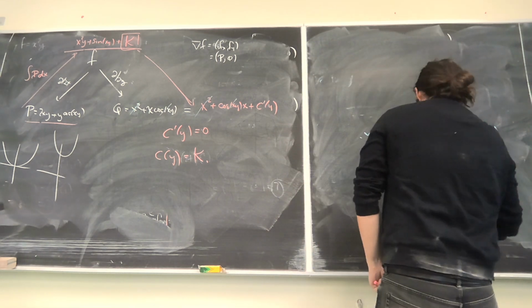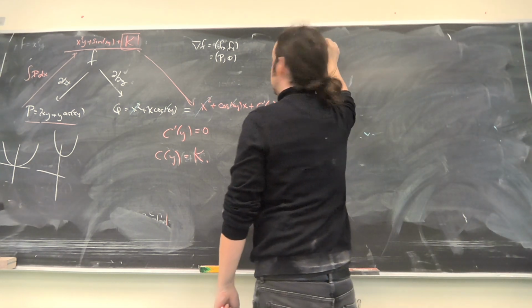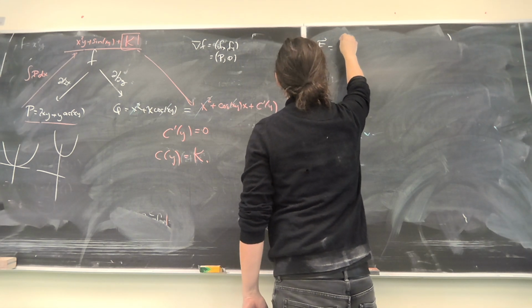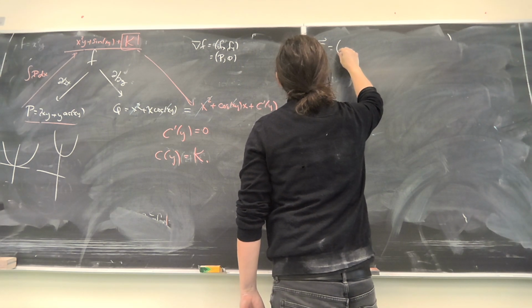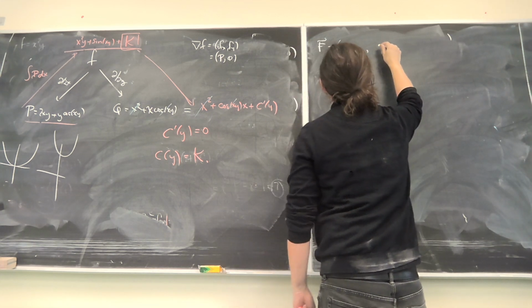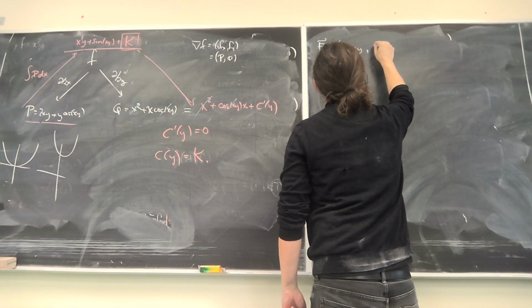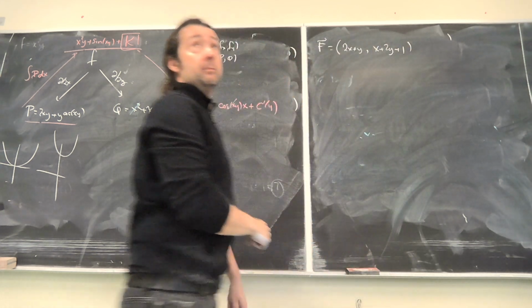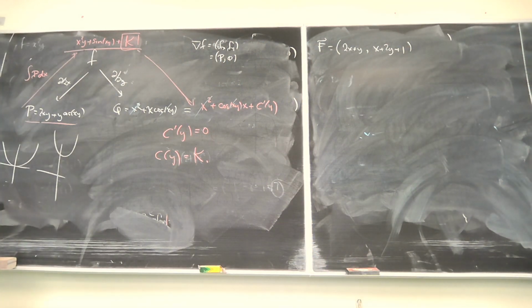All right. So now let's look at the vector field f is equal to 2x plus y, comma, x plus 2y plus 1. A typical exam question will say, is that vector field conservative?